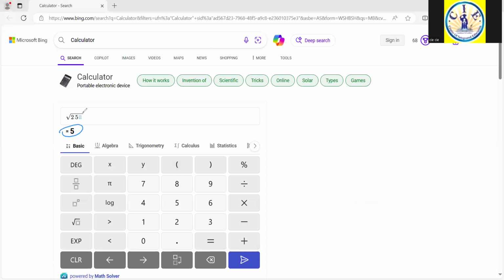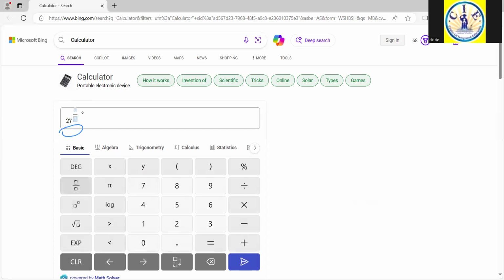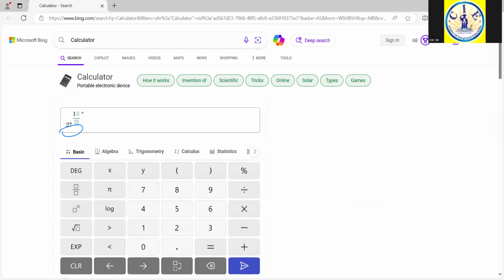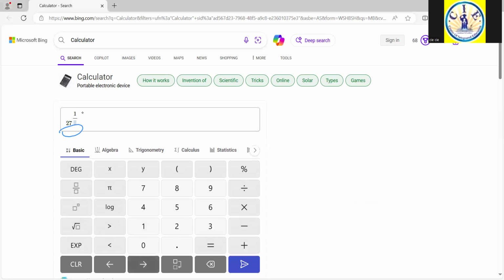Second part was cube root of 27. So we can have it in any of the ways, like 27 raised to the power 1 divided by 3. So its answer is 3 using the calculator.